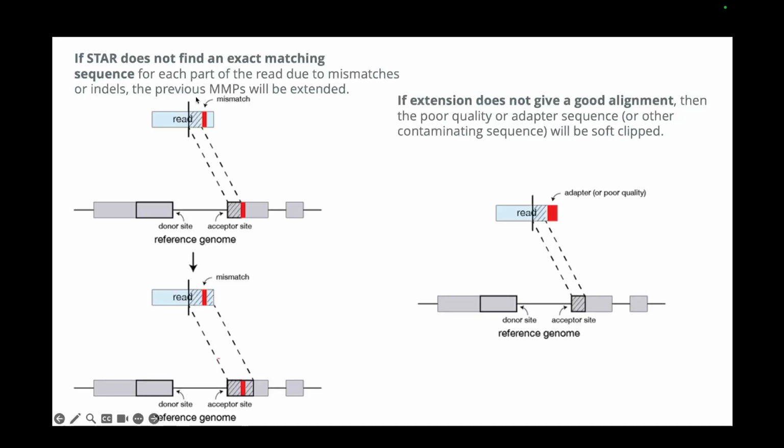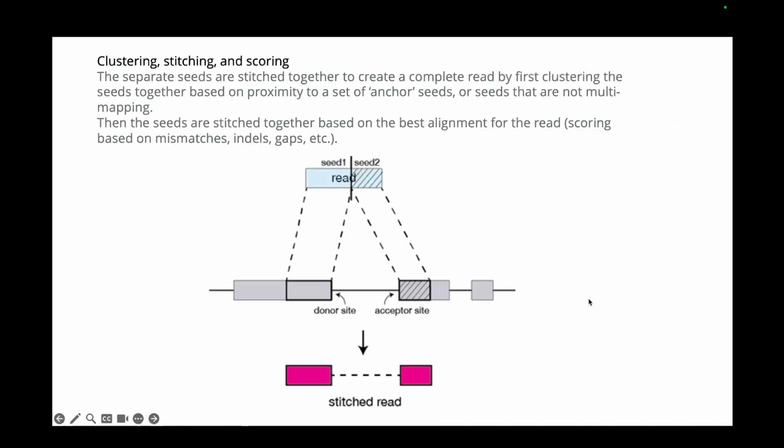So, for example, you have a mismatch here, and what you try to do is not only consider this portion, you consider all the rest of the positions and try to see if there is a match, considering there can be indels or other types of mutations. If the extension does not give a good alignment, the poor quality or adapter sequence will be soft clipped. So this part will be soft clipped, and this will be tried to map to the reference genome.